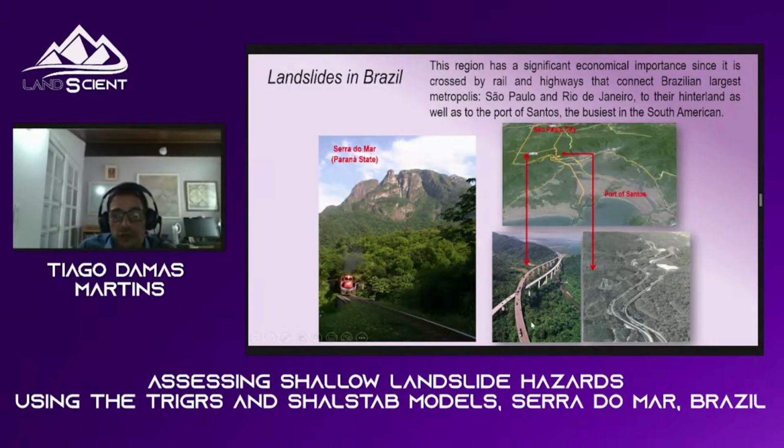And you can see also very important highways that cross the area, as well as railways that go meandering, if I can say so, around this mountainous terrain and reach the main cities in the hinterland.